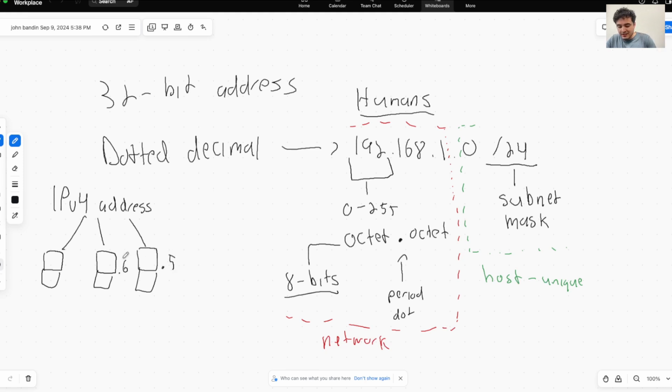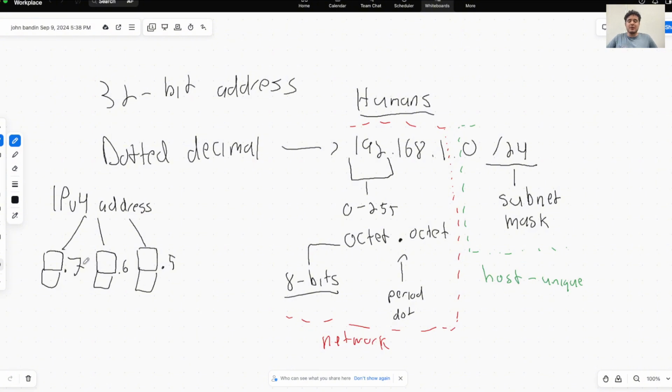And each device is going to have its own unique IP address to be able to talk within its network or to talk on the internet. Now, of course, we're going to talk about public versus private when we get to the slide deck. But just as a good foundation, every single computing device that wants to talk on the network or the internet needs its own unique IP address.